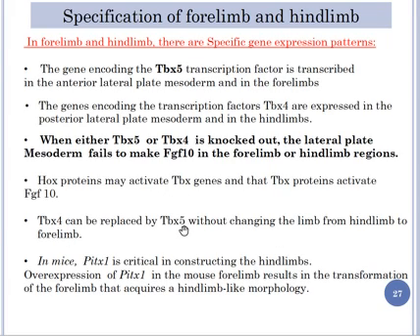What does it mean? It means that TBX4 is not the only gene that will define and specify the hind limb, and TBX5 is not the only gene responsible for the specification of the forelimb. Because if we replace one with the other, we cannot change the identity of the hind limb into a forelimb.